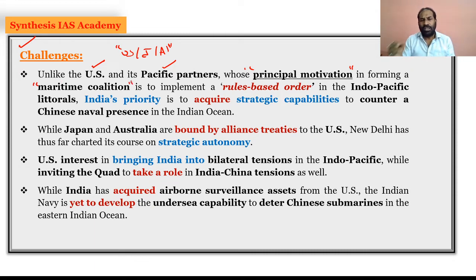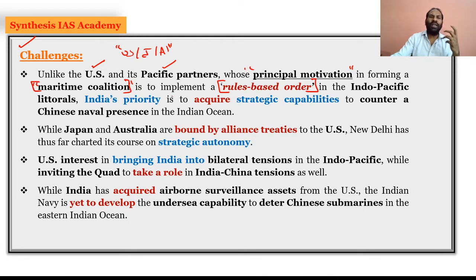Please do understand, if we focus on these three countries among the Quad, excluding India, their principal motivation is a maritime coalition based on a rules based order in the Indo-Pacific littorals.